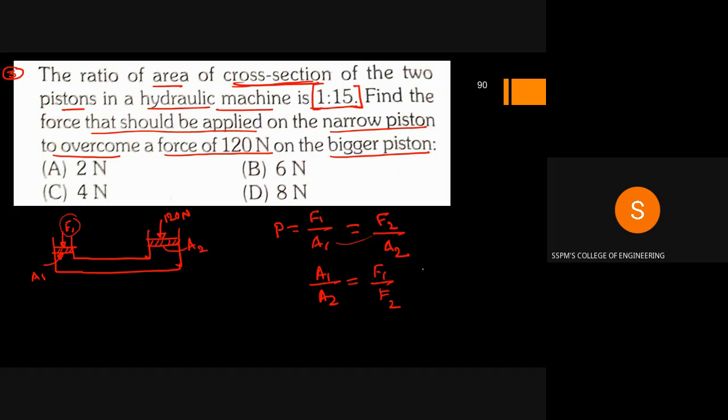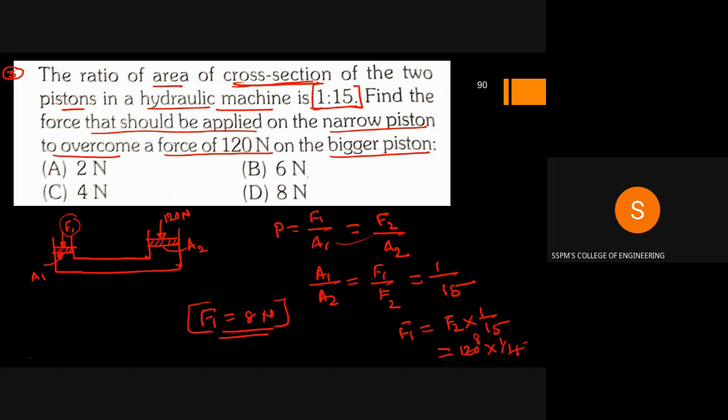So A1 upon A2 is 1 by 15. From this we can find out F1, which is F2 into 1 upon 15. So F2 is 120, times 1 upon 15. So this is 8. So F1 is equal to 8 Newton. So the correct option is option D. So this is how we can solve the problem on the Pascal law.